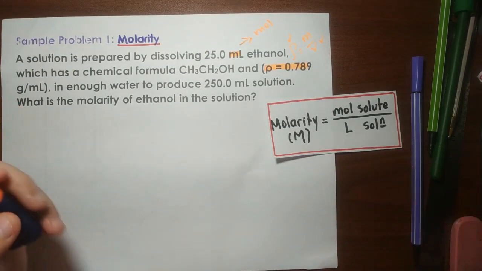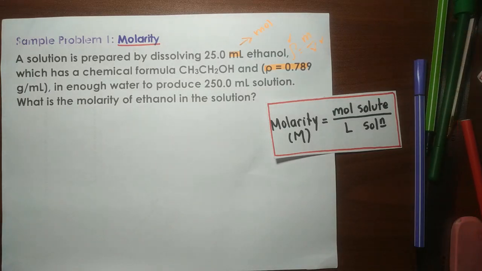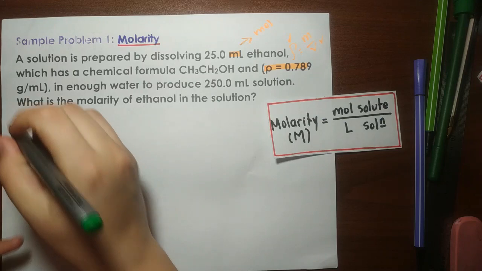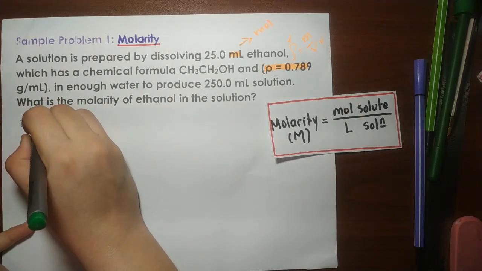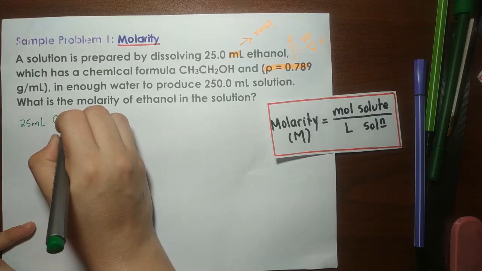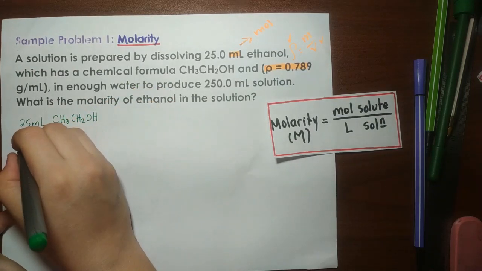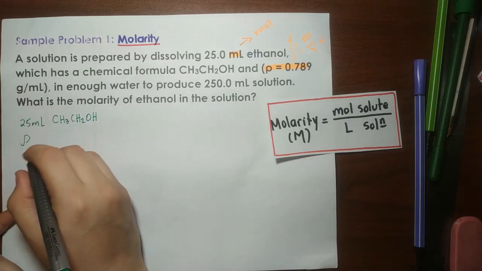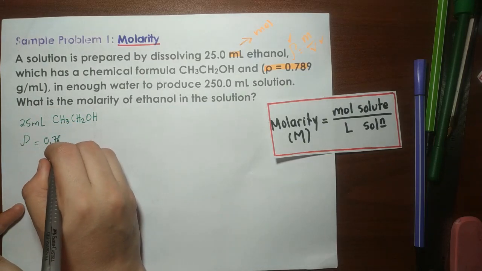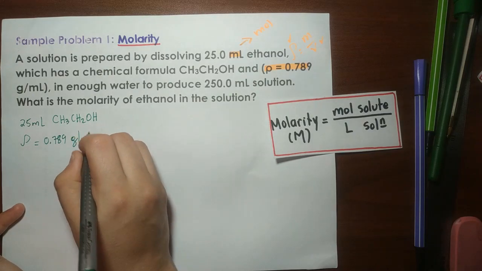Okay, let's write the givens of the problem. We have 25 milliliters of CH3CH2OH. I have a density of the same substance that is 0.789 gram per milliliter.